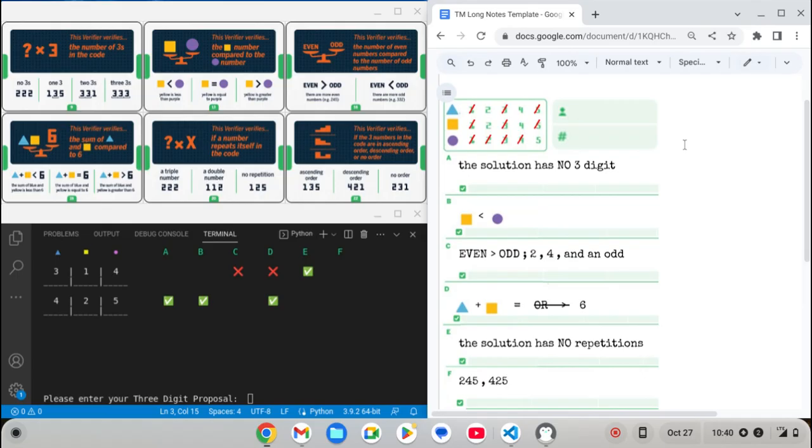Well, let's see. Is there something? Oh, I think I may have an idea on how we can deduce. If our solution were to be ascending, meaning that they are increasing, we would definitely know that square would be less than circle.